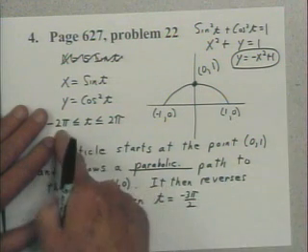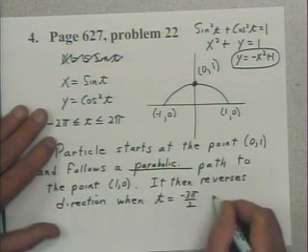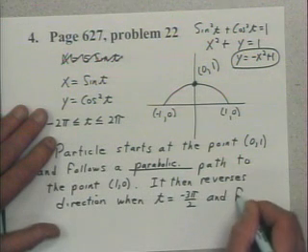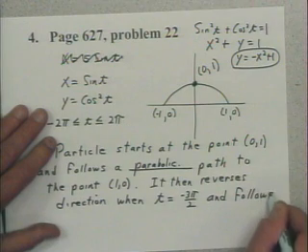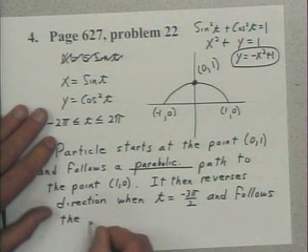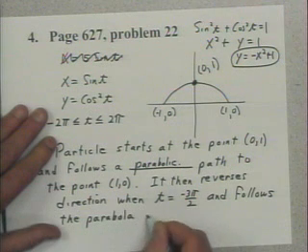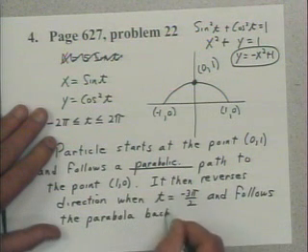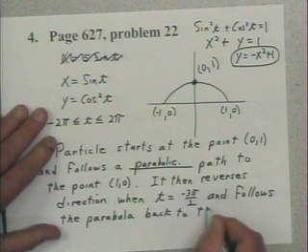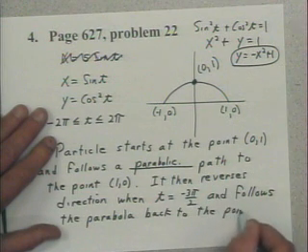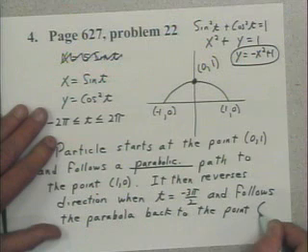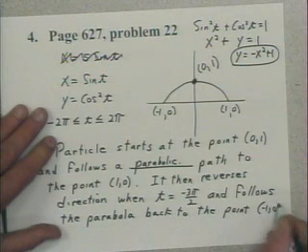Remember, we're starting here, right? And follows the parabola back to what point? Where does it go? Minus 1, 0, doesn't it?